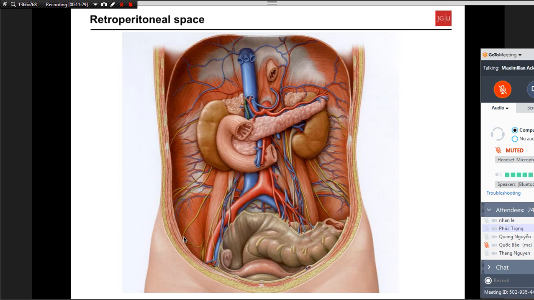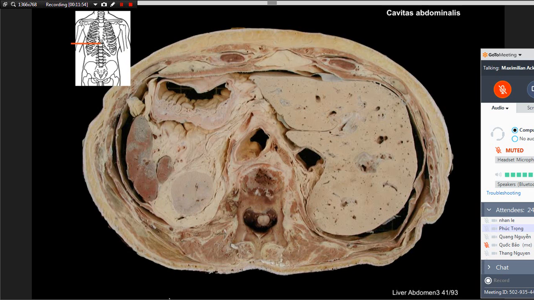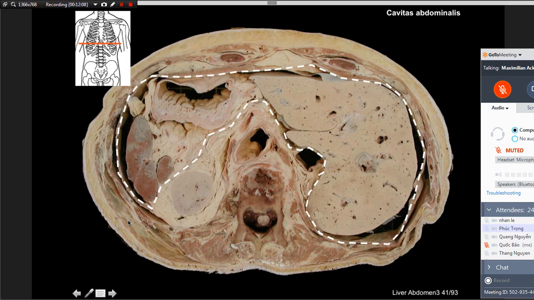Some words to the retroperitoneal space. In the retroperitoneal space, you find mostly organs like the duodenum, the pancreas, both kidneys, the ureter, and from the ureter, all the big blood vessels like the inferior cava and also the abdominal aorta. So if you do a cross section, you see this white dashed line is the peritoneum, and this is the intraperitoneal space. And you see all in this package here behind the white dashed line, this is the retroperitoneal space.